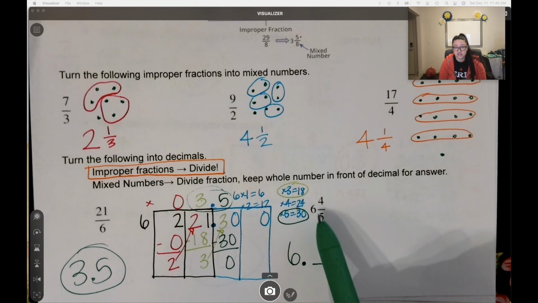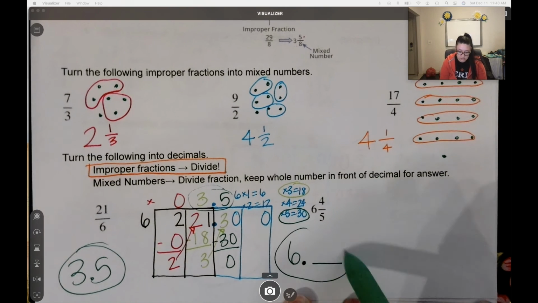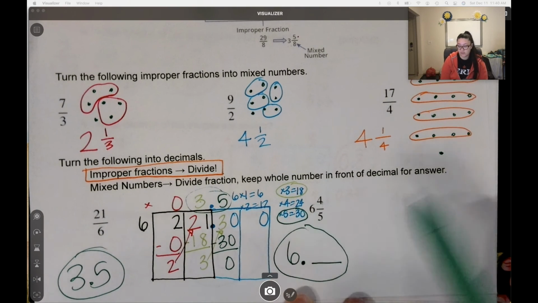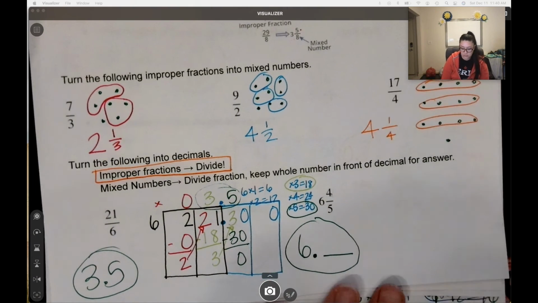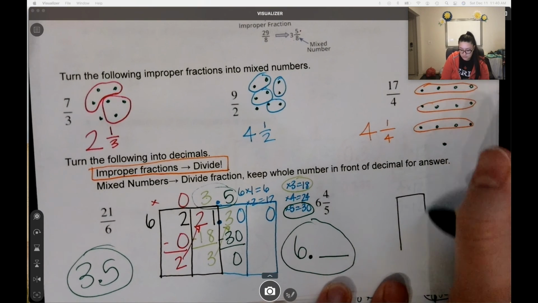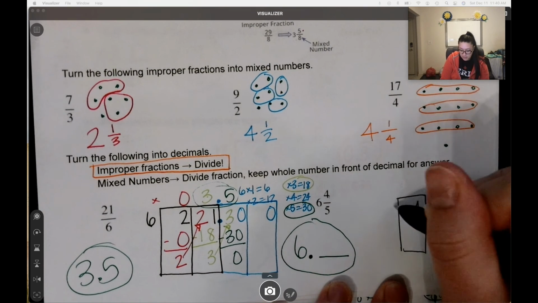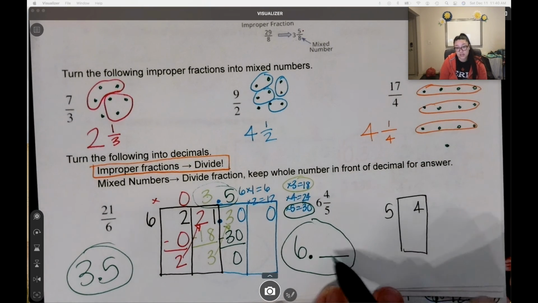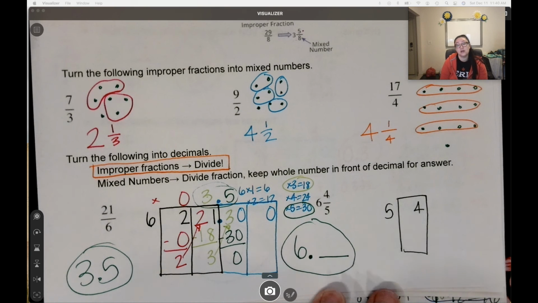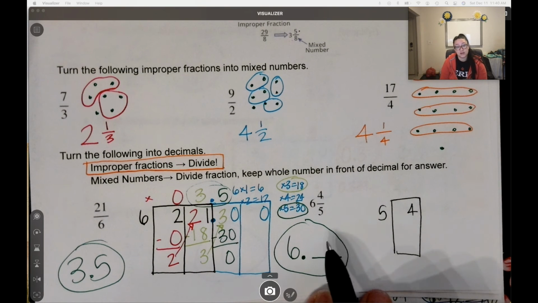That point something is just that fraction piece. So if we keep our 6, all we have to do is divide our fraction. All we have to do is 4 divided by 5 to figure out what that decimal piece is going to be. So go ahead, pause the video, figure out that decimal piece for me.